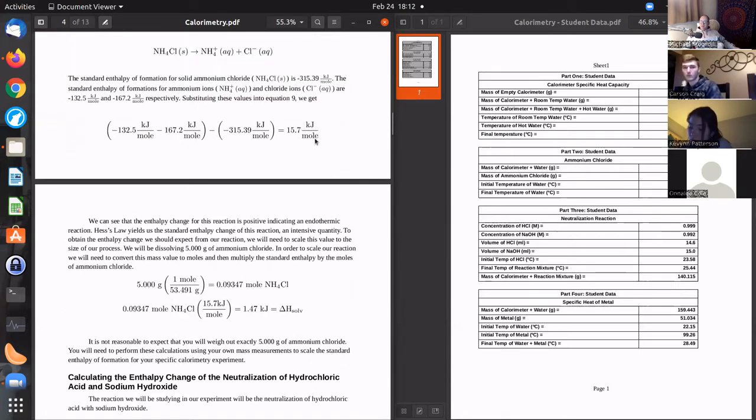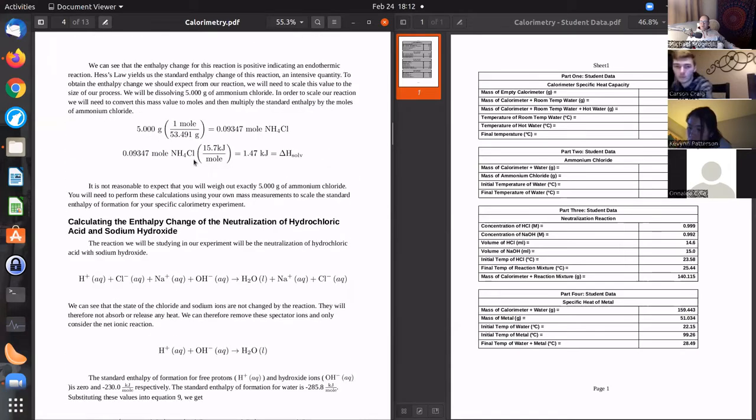We know that this reaction releases 15.7 kilojoules for every mole. I can go ahead and multiply those two together. I see that I got my moles canceling here, and I get 1.47 kilojoules for that reaction. Right? You guys following how you do that? Yes. Okay.